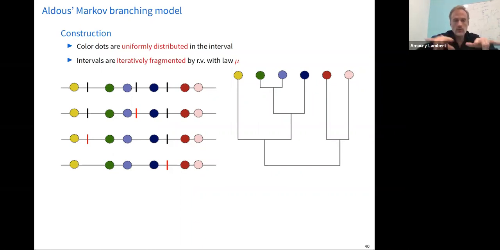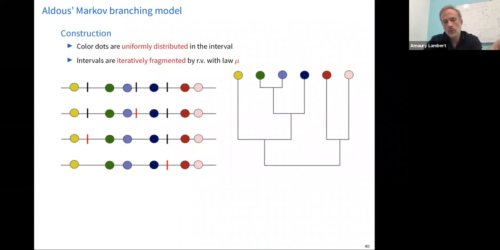Then you consider separately each of the two intervals, and that makes a sharing between the dots that are on the left and the dots that are on the right. You do that again and again until all the dots are in different subintervals of the unit interval, and that produces a tree. Why is that sampling consistent?